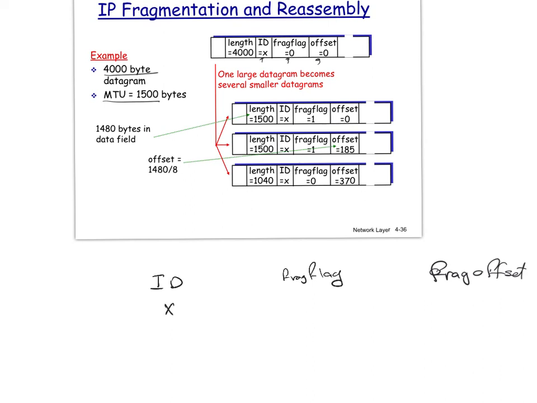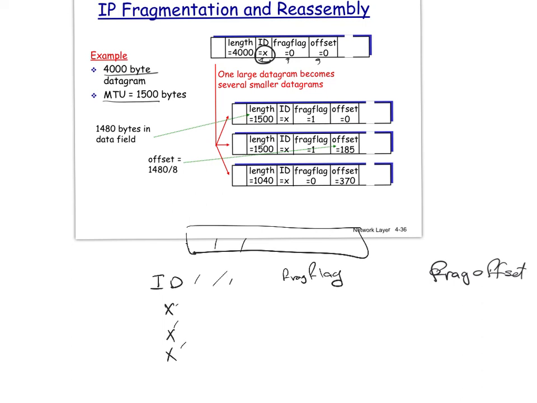So the 3 of them will have X. This is the identifier for this particular packet. So all the fragments need to have X, so that whether they arrive in order or out of order, I can get all of them into the original packet.